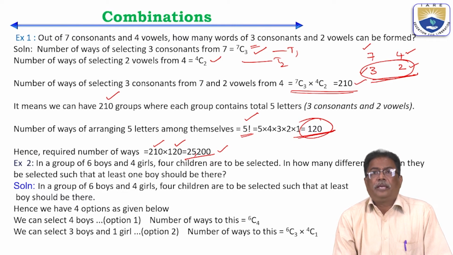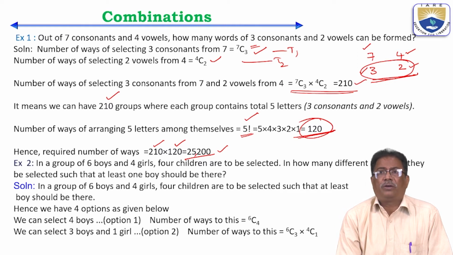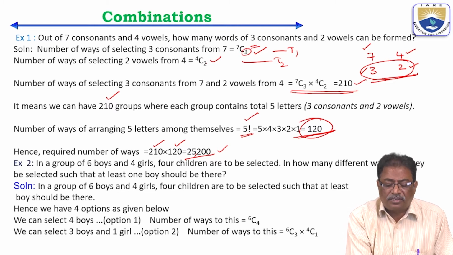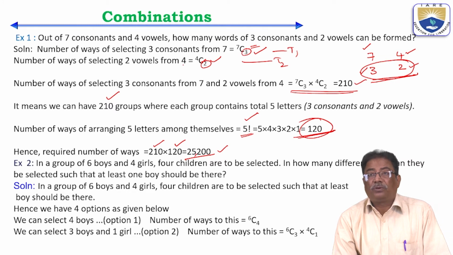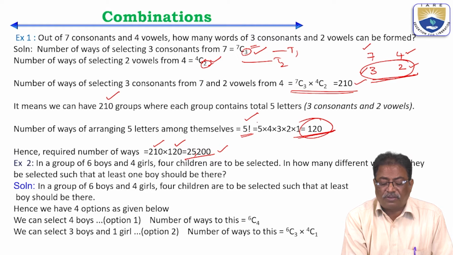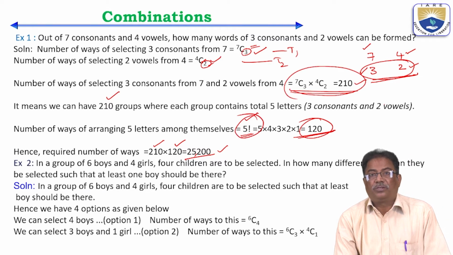We have to select the 5 letters: either 4 consonants and 1 vowel, or 3 consonants and 2 vowels, and so on. Total is 5, and then the 5 letters among themselves can be arranged in 5 factorial ways, and this is the number of groups that we get, 210.